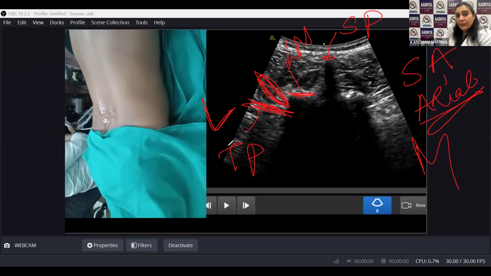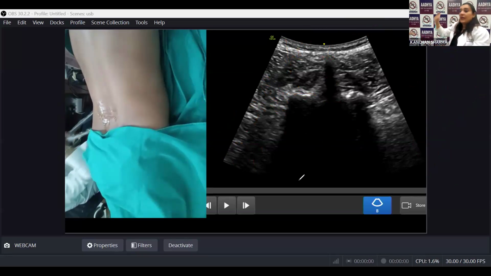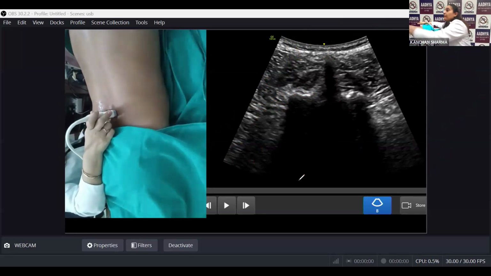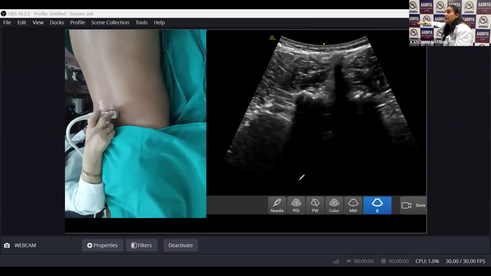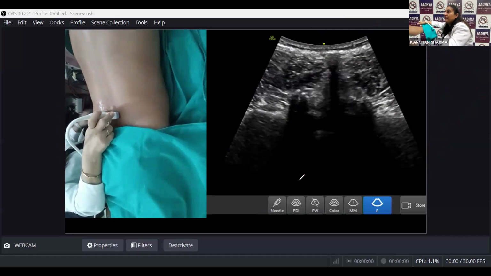Now, how to find out whether it's a spinous process or it's an interspinous? Very easy. Remember this picture. You are not able to see anything here, right? Now you see the change. And look at the facets also, which I have told you. Okay. So the moment, I am somewhere here.